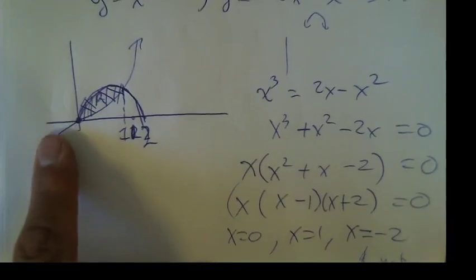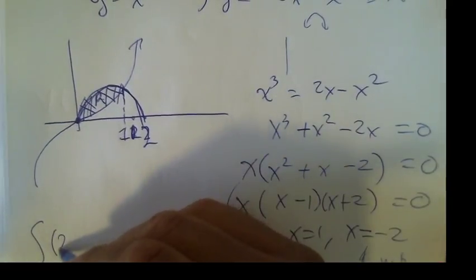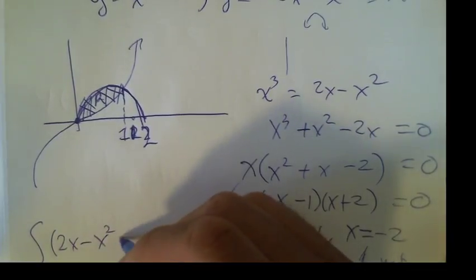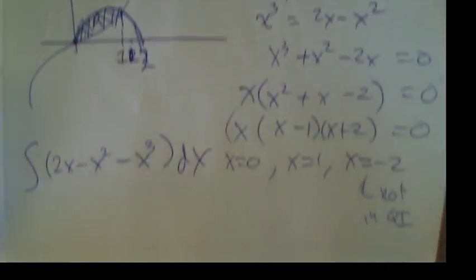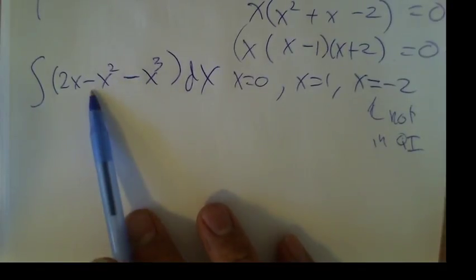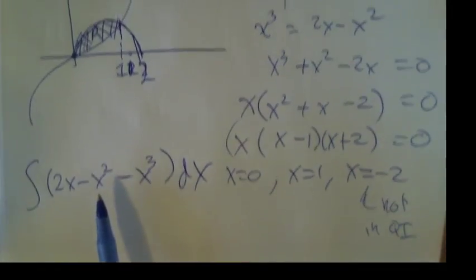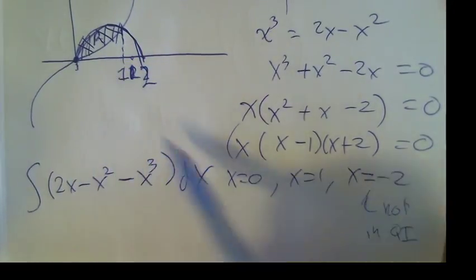Okay, so how do I find the area? Top curve minus bottom curve. So the top curve is the parabola, and the bottom curve is the cubic function. All right, and here the limits of integration are going to go from 0 to 1, in the first quadrant.